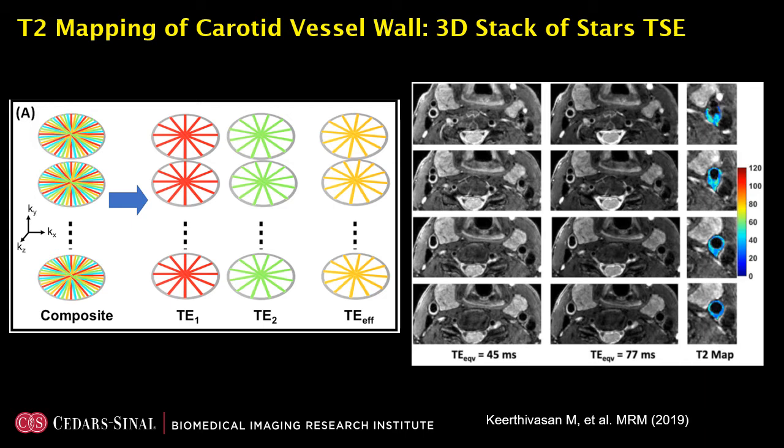So this allows the reconstruction of the 3D volume at multiple echo times and subsequently the generation of T2 maps. So on the right is an example of dark blood T2 weighted images of the carotid vessel wall acquired using this technique and the corresponding T2 map generated from the same slab.